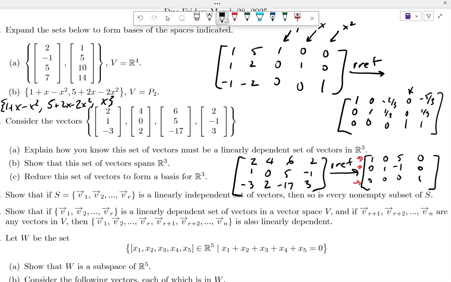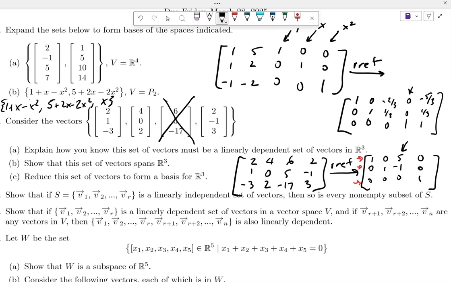Now looking at the reduced row echelon form, which column did we not need? Which vector do we not need? The third one, right? This is the one that doesn't have a pivot in it. That's the column that doesn't have a pivot, so I did not need that vector in my basis. So your basis would be the set with the other 3 in it.